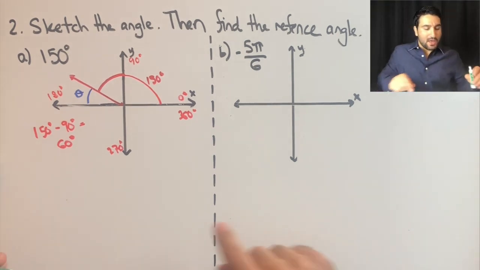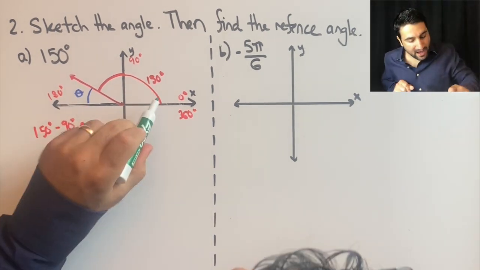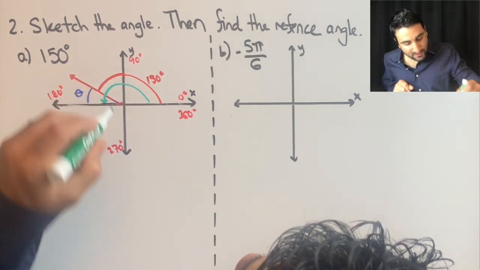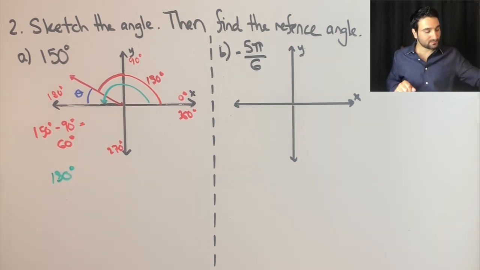So we just need to figure out what that theta is. So if half of the circle going from here to here is 180 degrees, okay?